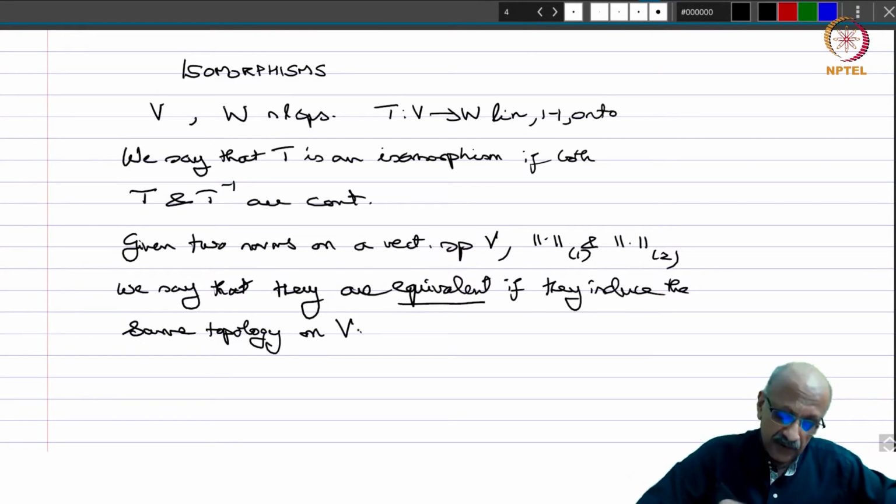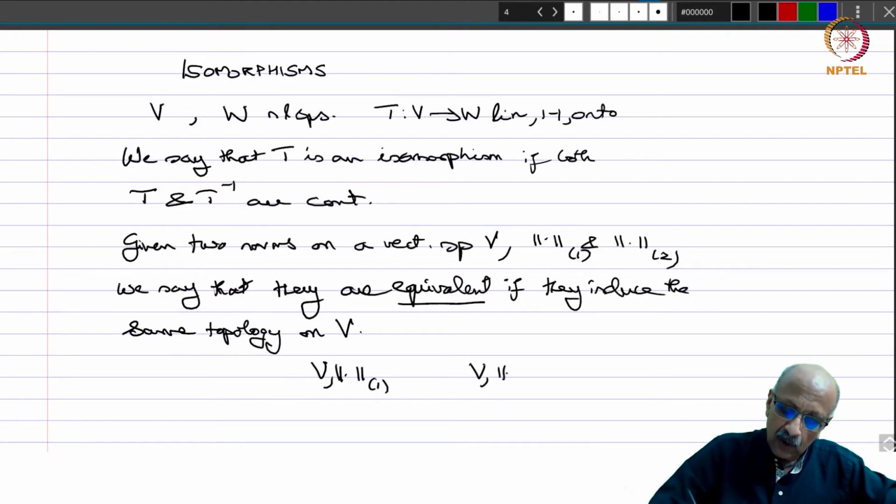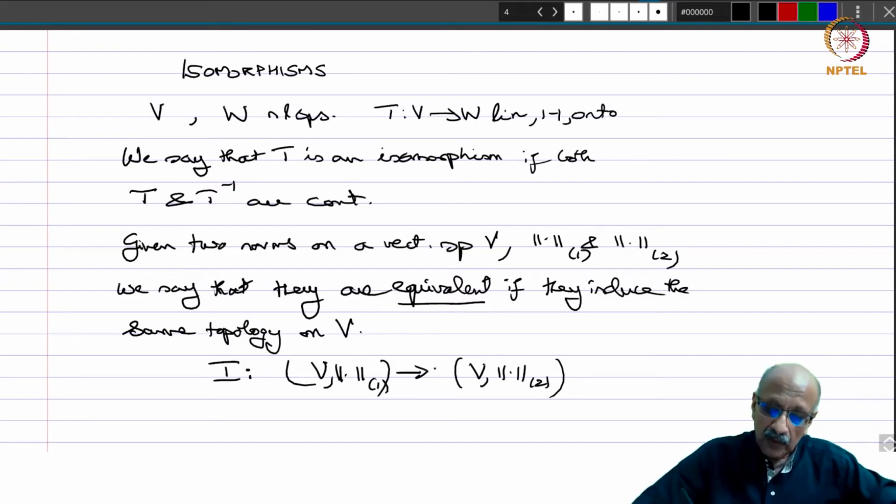So this means that if I have V with norm 1 and I have V with norm 2, we have two normed linear spaces, and you look at the identity map between these two spaces. So every open set here, the inverse image is the same thing and it has to be open here, and every open set here, the inverse image is the same as it has to be open here.